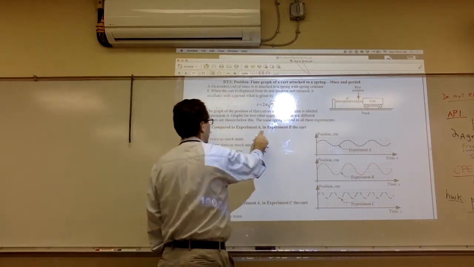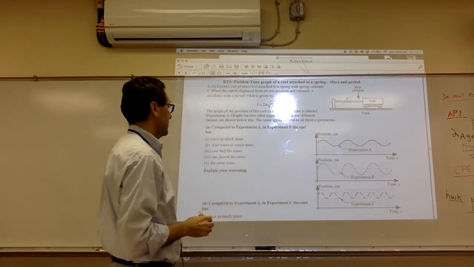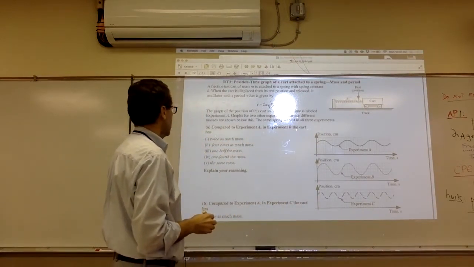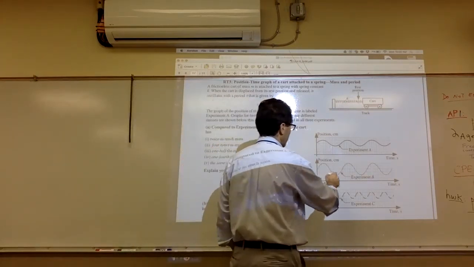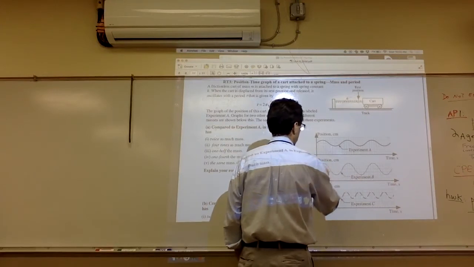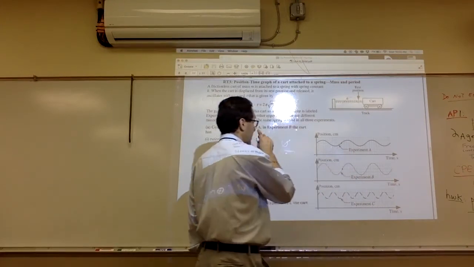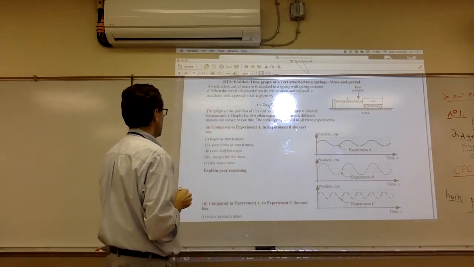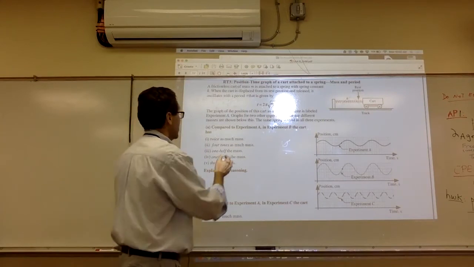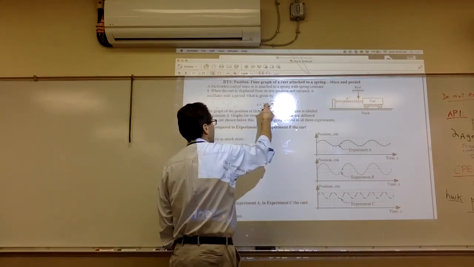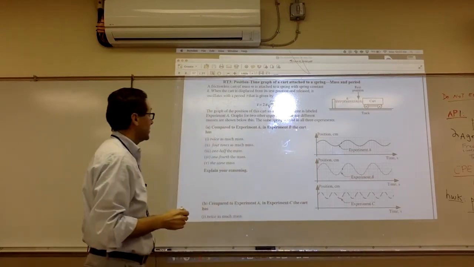Compared to experiment A, in experiment B, the cart has, well, let's see. I don't think the mass changed. See, the period remained the same, right? So here is one period, and here is one period. So the period remains the same. So since it's the same spring, okay, so T equals 2 pi square root of m over k. If the T stays the same and k stays the same, m has no choice but to remain the same.